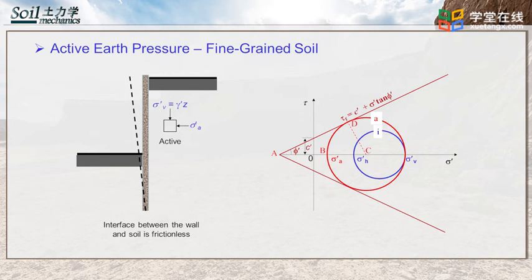In fine-grained soils, there is cohesion, as shown in the red figure. When the wall moves away from the soil on the right side of the wall, the effective horizontal soil pressure is decreased from sigma h prime to sigma a prime. The soil's Mohr circle touches the failure envelope, meaning the soil has failed.